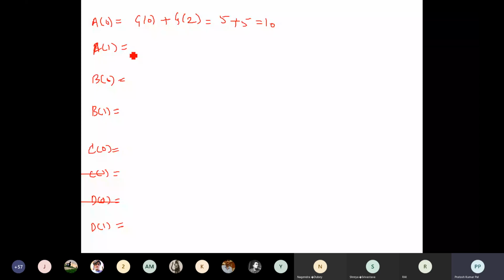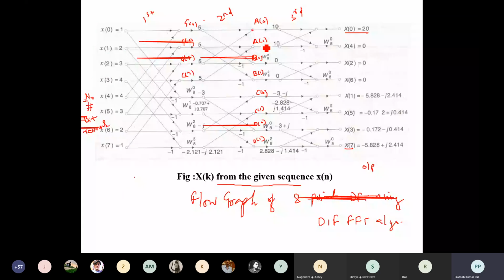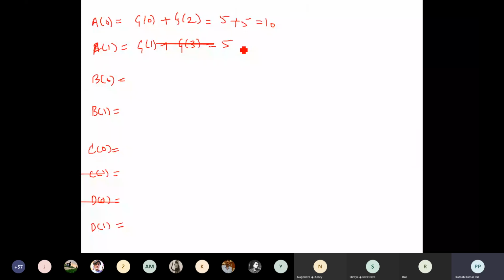Similarly, we can find out all other values. Suppose a of 1: this a of 1 will be equal to g of 1 plus g of 3, which is again 5 plus 5.